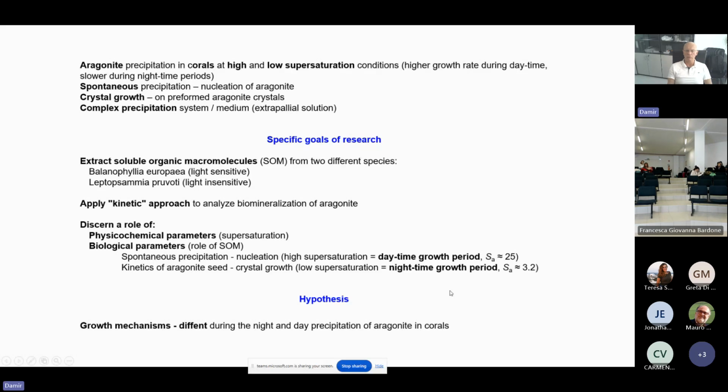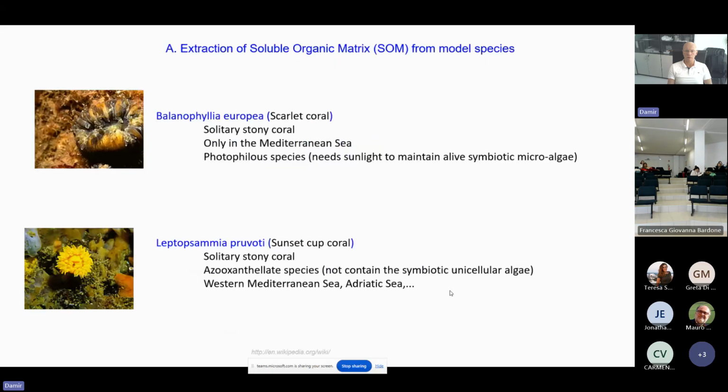Actually, our working hypothesis was that the growth mechanism and nucleation mechanism are different during the day and the night precipitation of aragonite in the corals.